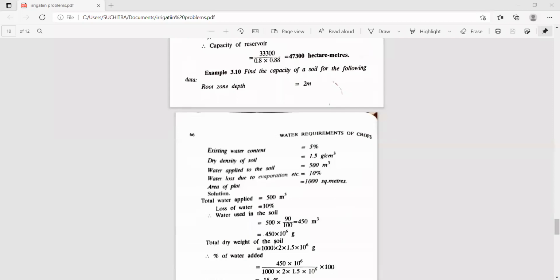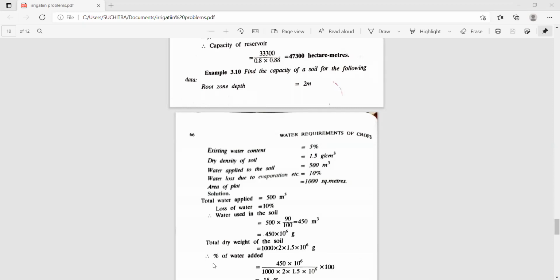Now the total dry weight of the soil: the area is 1000 square meter, multiplied by the root zone depth of the soil, 2 meters, multiplied by the density of the soil, 1.5 gram per centimeter cube. Here the numerator values are in meter and the denominator is in centimeter cube. So if you multiply 1.5 into 10 power 6, it will be converted.